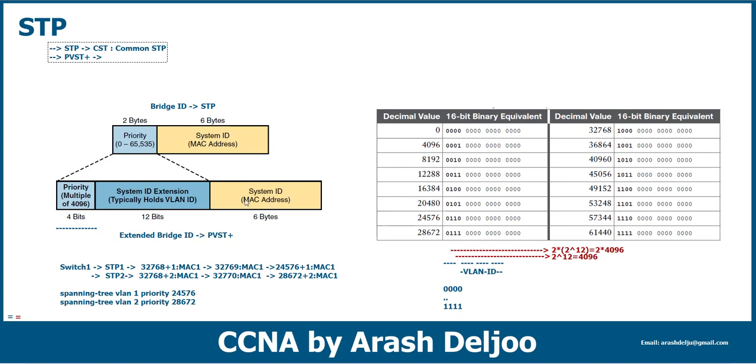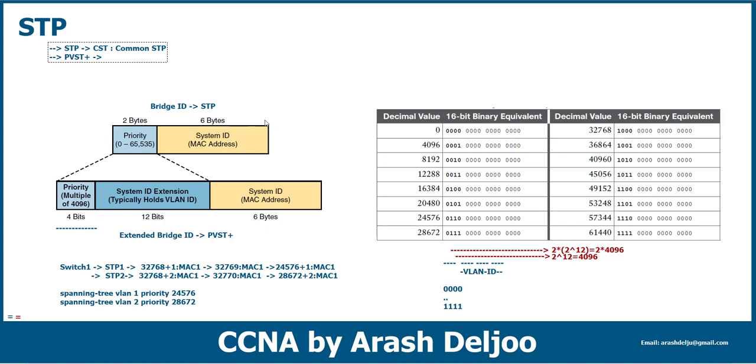Because we don't want to change the BID structure, the system ID again has 6 bytes. Now we need to use the prior 2 bytes for the priority and system ID extension, meaning the VLAN ID. Because of that, 12 bits should be reserved for the VLAN ID, and with 4 bits only you have the option to use numbers in increments of 4096.